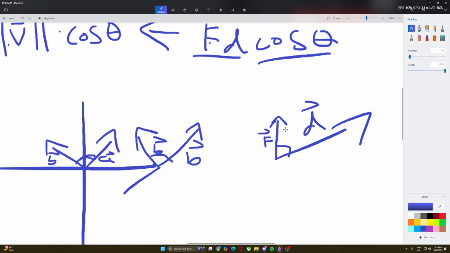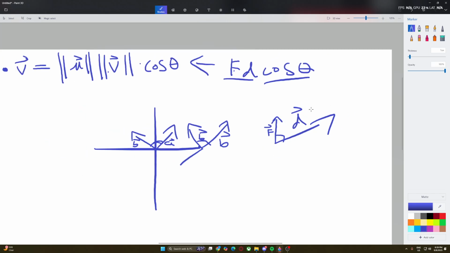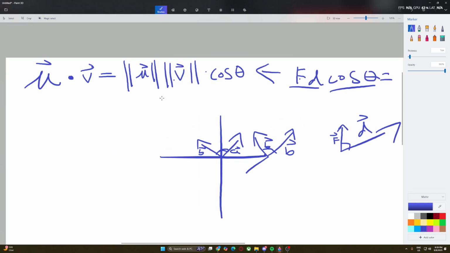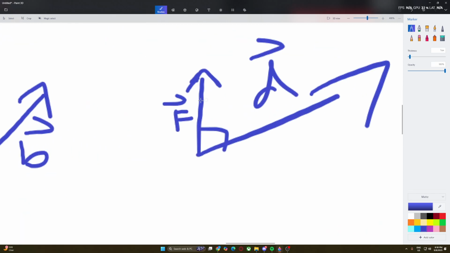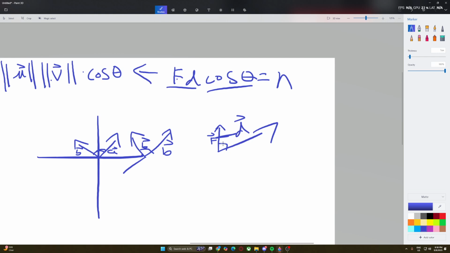This just multiplies their magnitudes, and this is a scalar. This is called a scalar product, so you get a number, not a vector. You multiply the magnitudes of these two, and then get the angle.